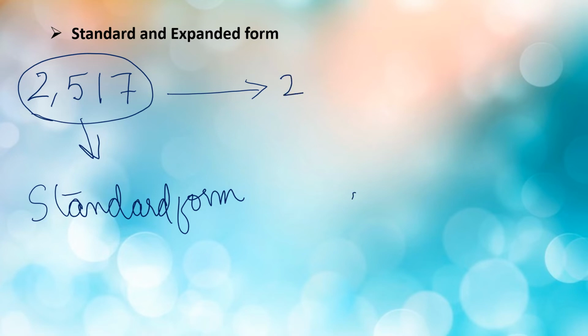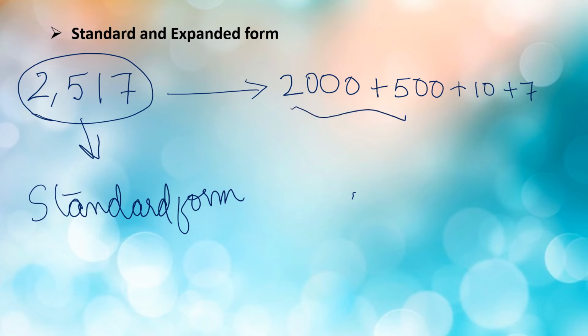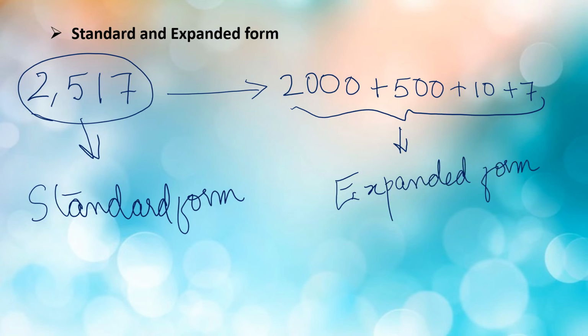It is 2000, plus the place value of 5, which is 500, the place value of 1, which is 10, and finally the place value of 7, which is 7. This method of representing numbers is called the expanded form.